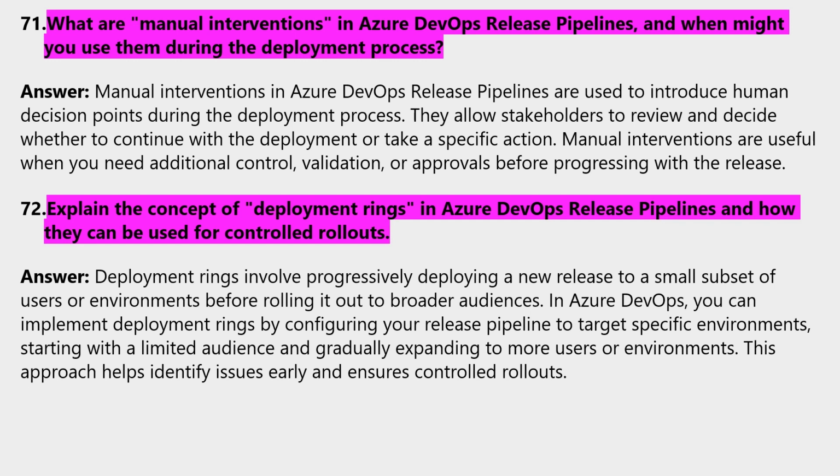In Azure DevOps, you can implement deployment rings by configuring your release pipeline to target specific environments, starting with a limited audience and gradually expanding to more users or environments. This approach helps identify issues early and ensures controlled rollouts.